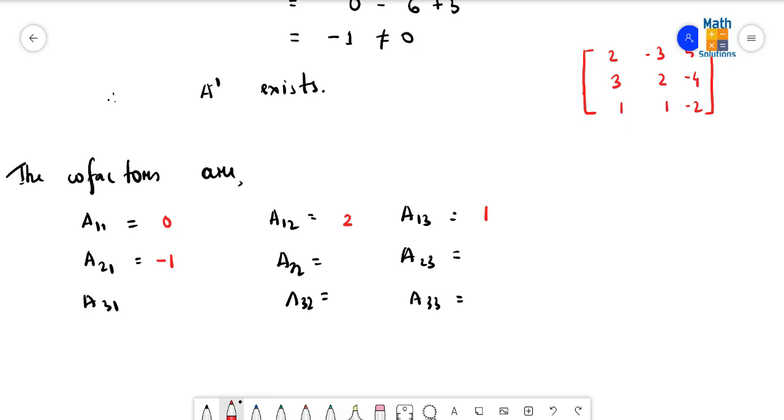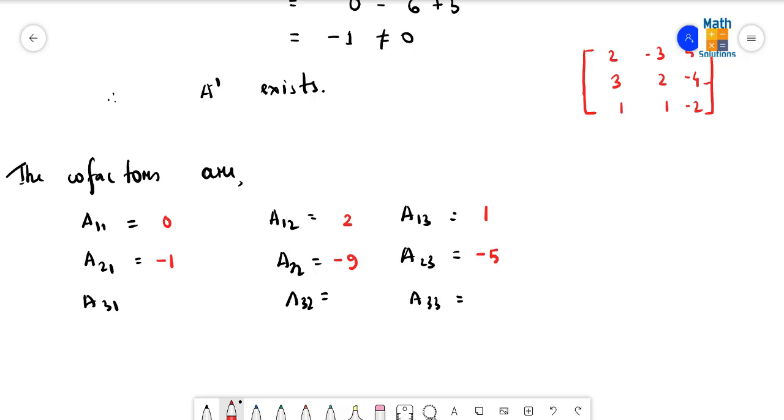Then for A22 the result is minus 9 using sign convention. And then A23 comes as, sorry, this should be 5. A23, let us check it once again. For this position we shall be getting 2, then minus 3, minus minus plus. This result will be minus 5 after using sign convention.